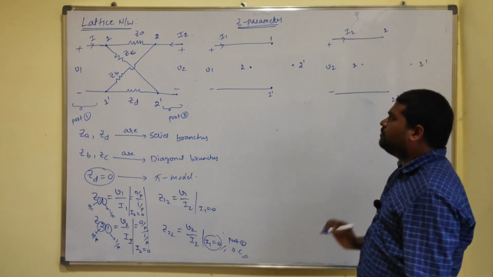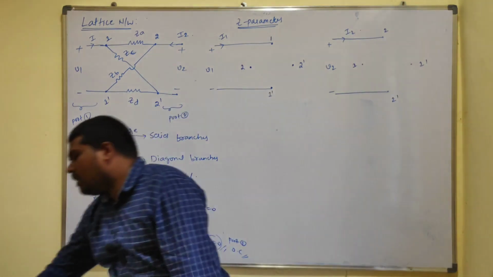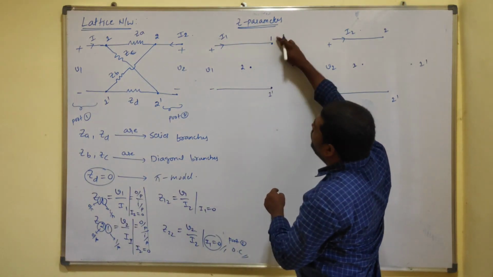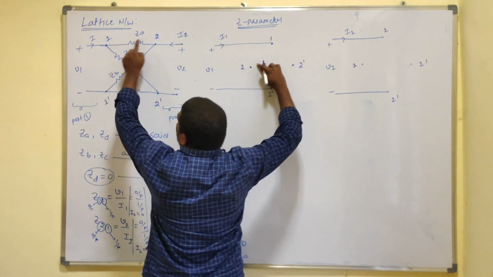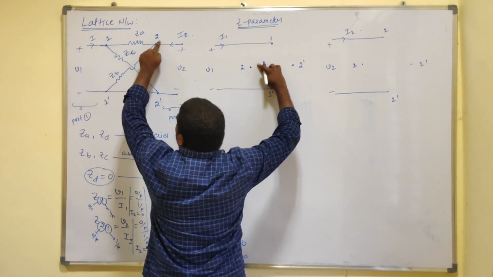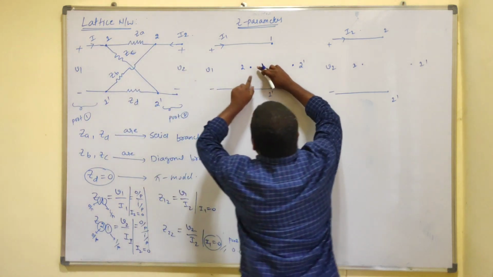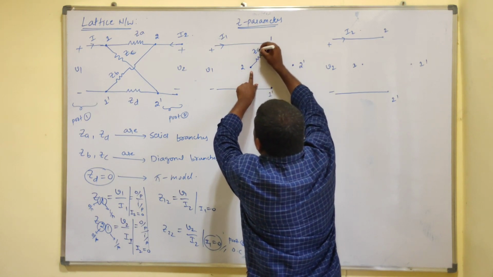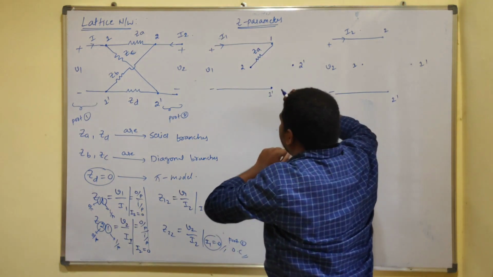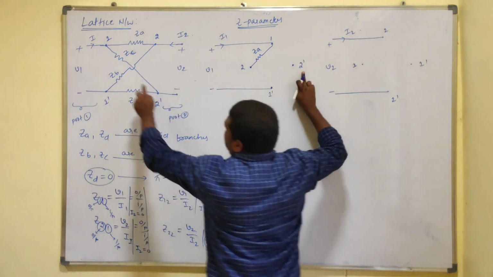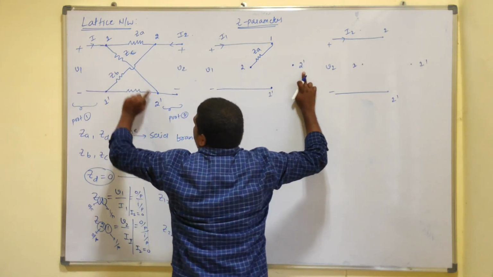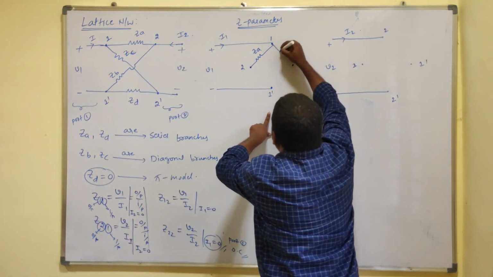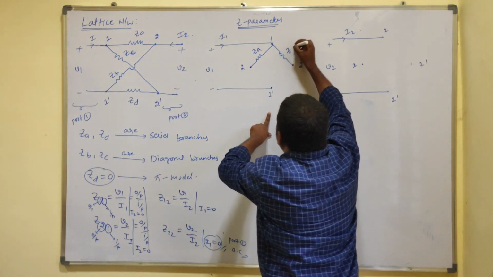Now observe here: we have terminals 1 and 2, and between 1 to 2 we have the ZA element. Same thing I place here, this is ZA. Next, 1 to 2 dash: between 1 and 2 dash we have the ZC element.